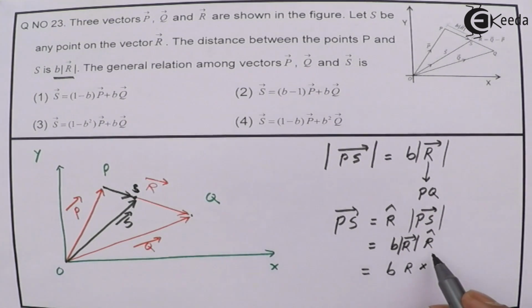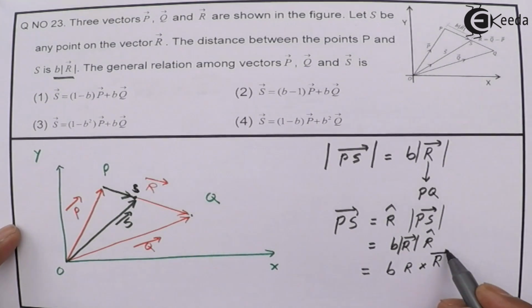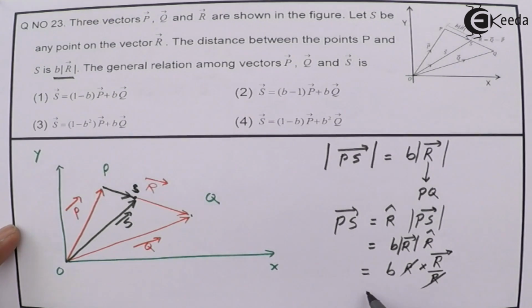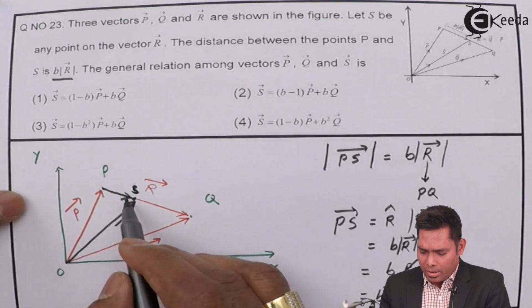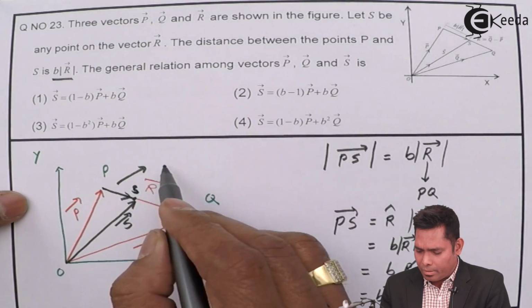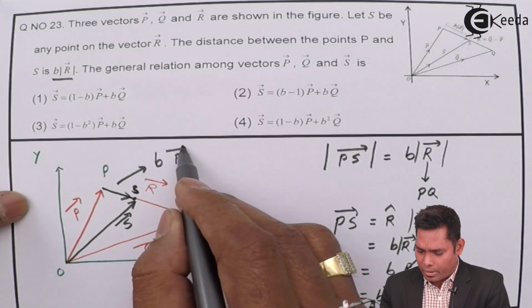Any unit vector can be written as the given vector divided by its magnitude. So the R cap vector is the given vector divided by its magnitude. This R and this R will cancel. This will become B times the R vector. This B is a constant number times the R vector. So this PS is nothing but B times the R vector.